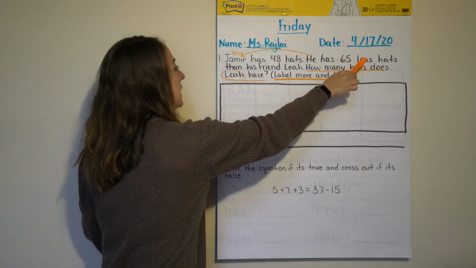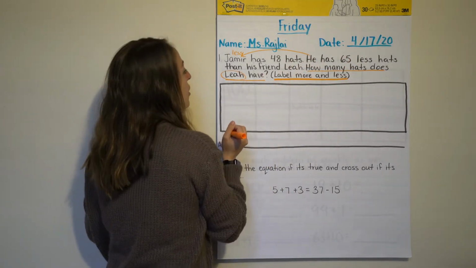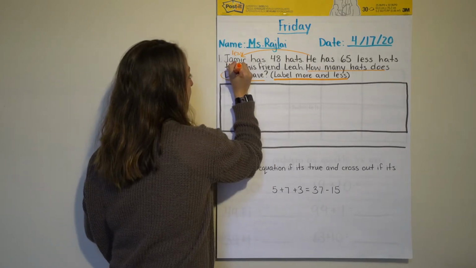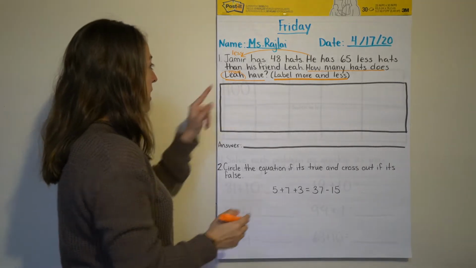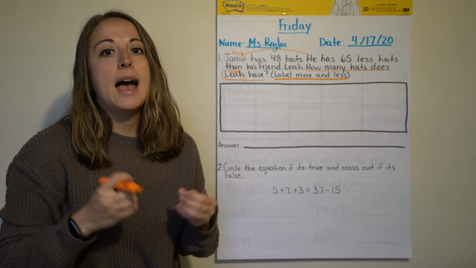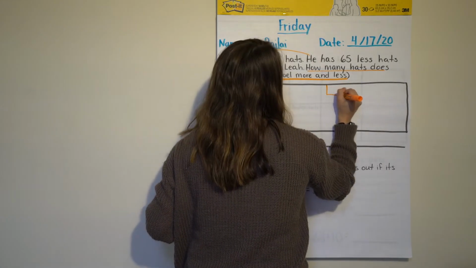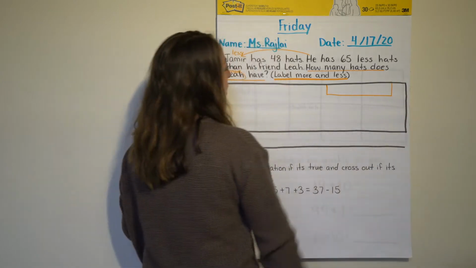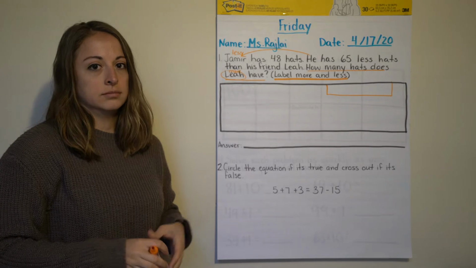If he has less for his label, then his friend Leah has to have more. And the question is asking about Leah. Since she has more, we're going to add. That gives us a clue that we're adding. So now would be the time that you can write a number sentence for more.